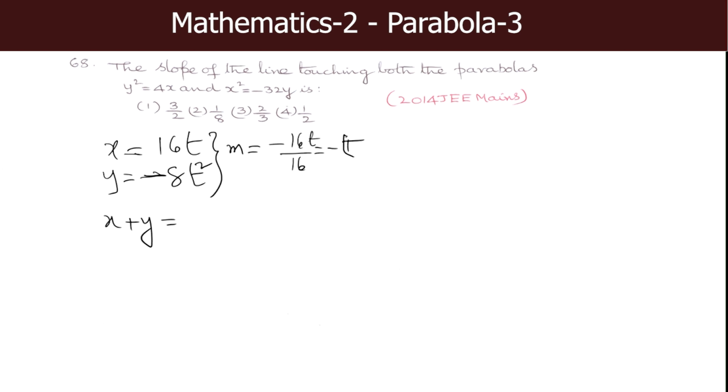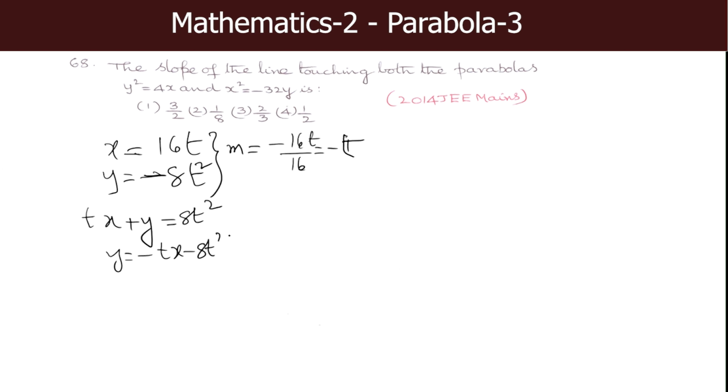Okay. So, therefore, the line with the slope minus t is tx plus y is equal to 16t square minus 8t square, 8t square, or y equal to minus tx minus 8t square.